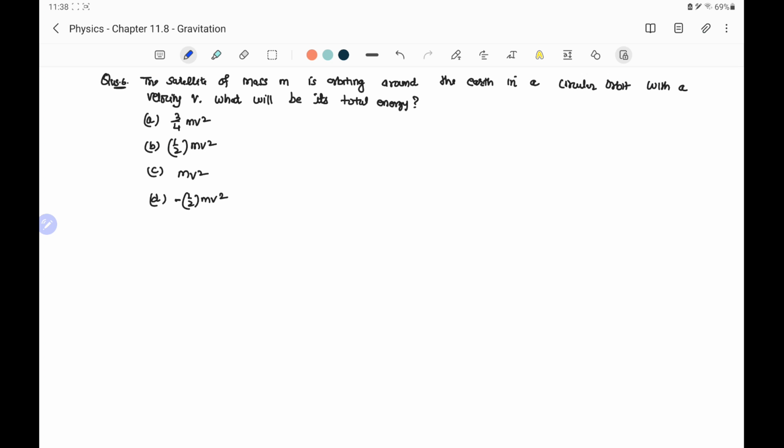Sixth question is, a satellite of mass m is orbiting around the Earth in a circular orbit with a velocity v. What will be its total energy? We have already found that the orbital speed of the satellite around the Earth in an orbit of radius r is root GM by r, where r is equal to R_e plus h.